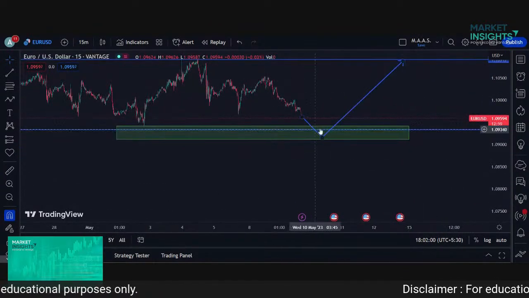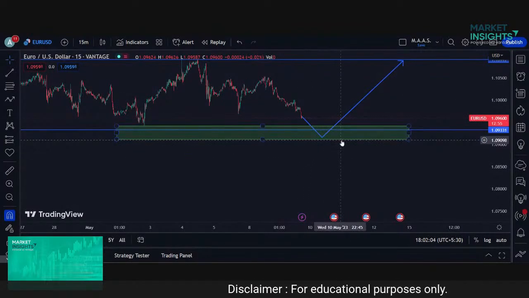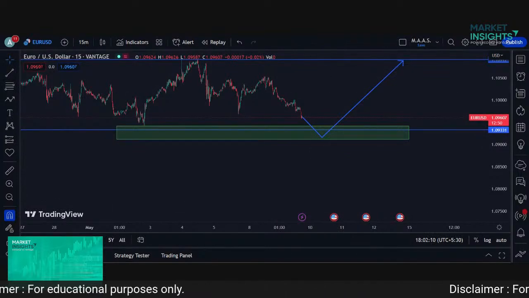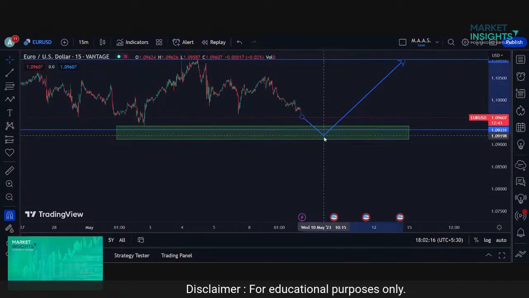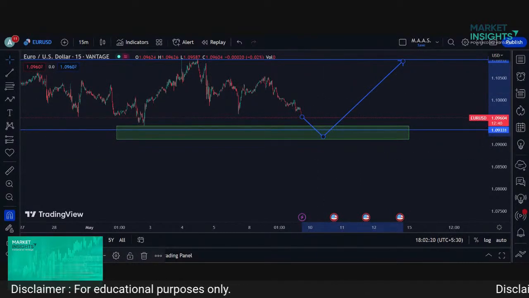But when I draw this zone which is lower than the current price action, it is called a supply zone. I'm really sorry, that is called a demand zone. That's where demand comes in, and people start to buy slowly and slowly. That is why it's called a demand zone.